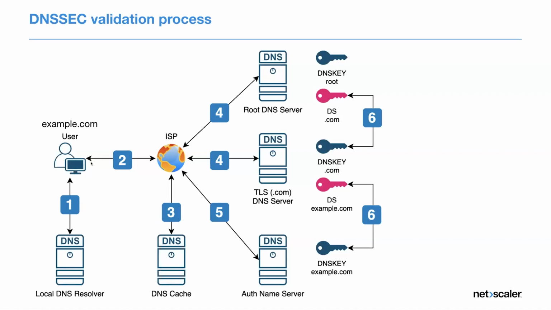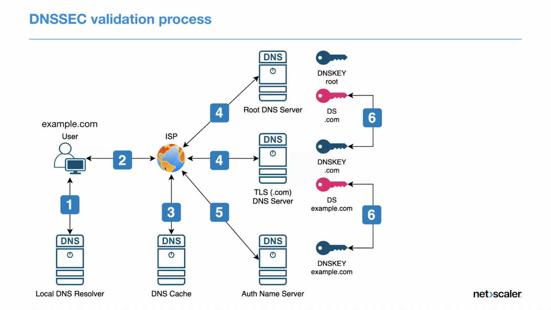So the end user has to only trust the root DNS servers, which are limited globally. And once it is done, the authoritative name server will respond with two things. One is the RR set, the IP name to IP mapping record in plain text, plus the record signed with the private DNS key for the domain or the zone.